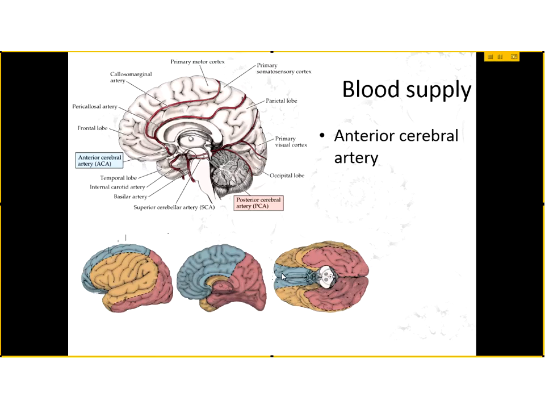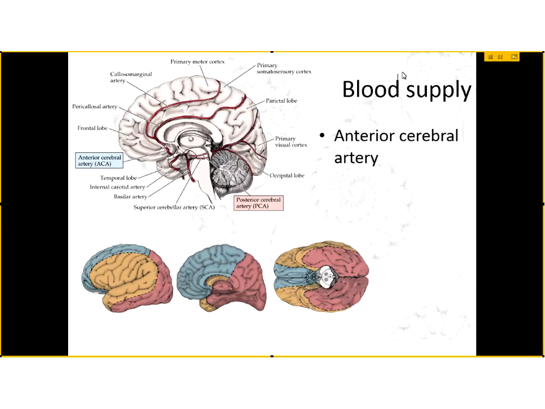Now, here's a quick little question. What functions would you imagine would be lost if you had blocked the anterior cerebral artery? Before you answer that, I want to indicate that we have both a left anterior cerebral artery and a right anterior cerebral artery. So if we have a blockage in the left, that would spare the right.